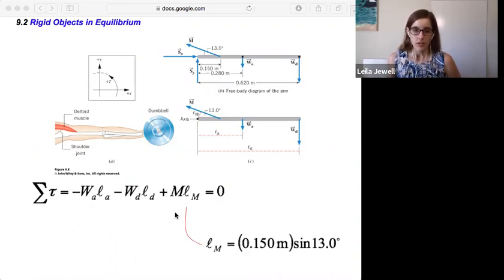So here we know all of the lever arms. We know the deltoid muscle, how much force it can supply, and we know the weight of the arm. Remember, we're solving for the weight of the dumbbell. So we can look at adding this to the other side and dividing by that lever arm of the dumbbell, and then we'll be home free.